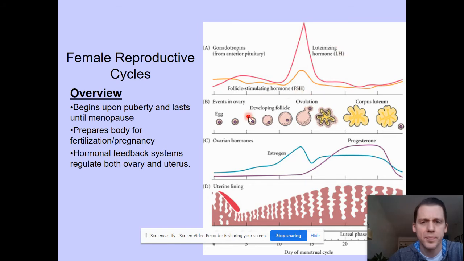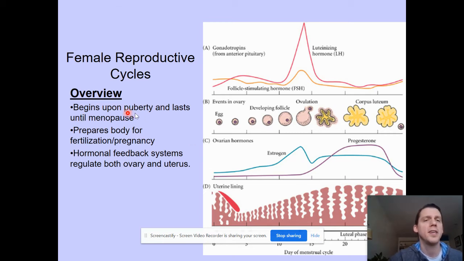FSH and LH help develop the follicle and cause ovulation. And then estrogen and progesterone are hormones that come from the ovary itself, and they help guide the uterine lining and how it develops. So estrogen and progesterone, their presence is going to cause a thickening of the uterine lining in preparation for pregnancy.